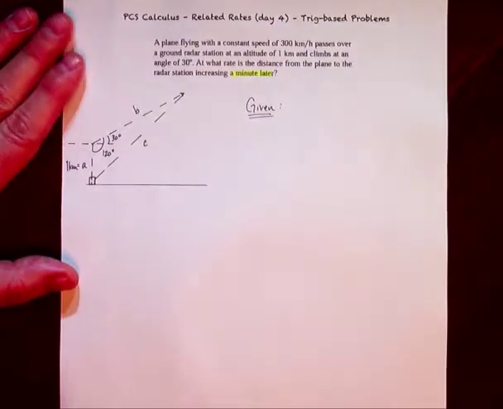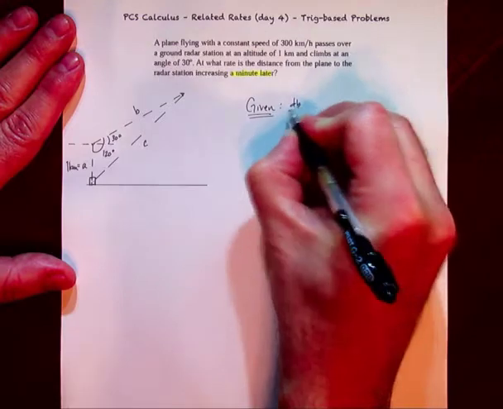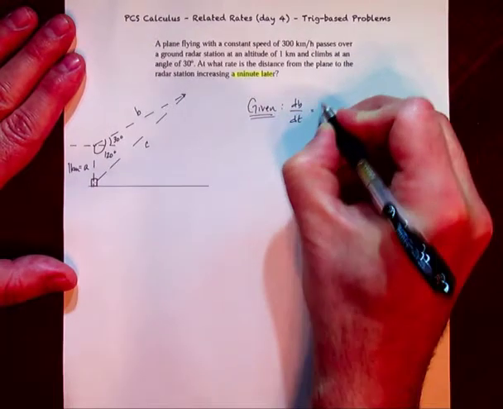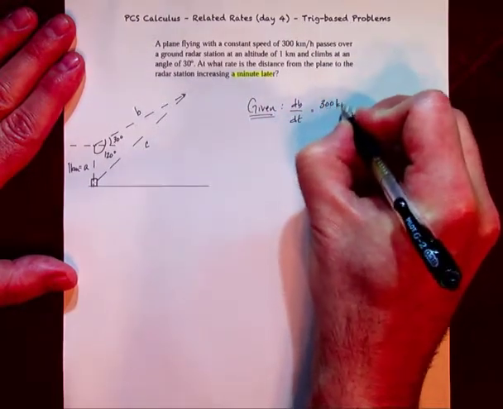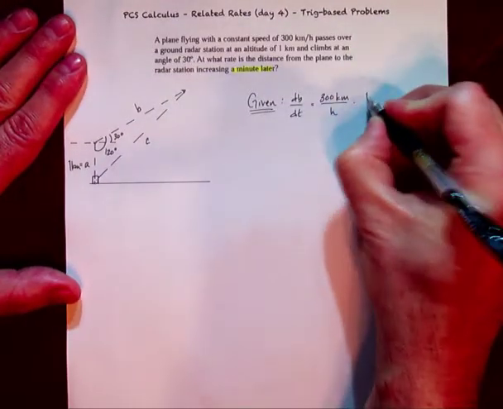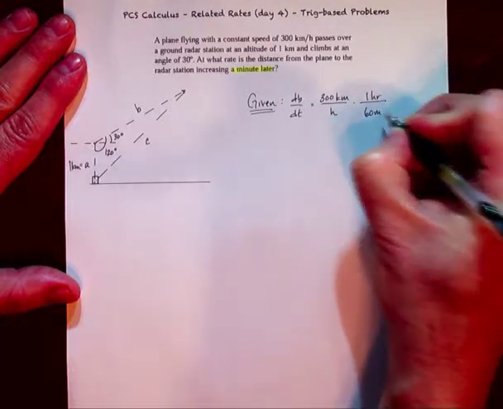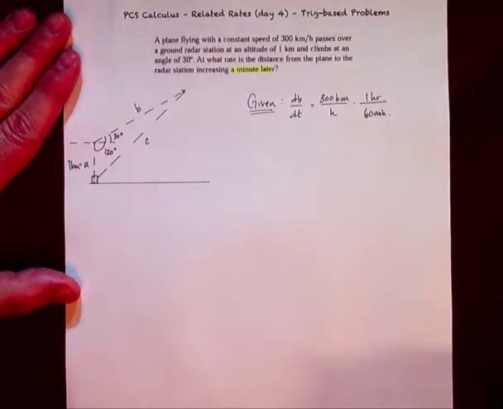What we have here is 300 kilometers per hour, but notice we have a little problem right there. If my dB dt is 300 kilometers per hour, then I need to figure out how many kilometers that is per minute.